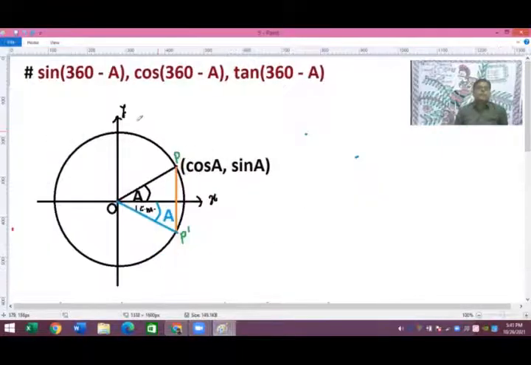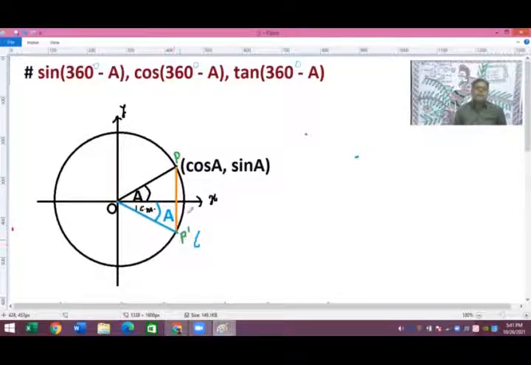And similarly let's now talk about sine 360 degrees minus a, cos 360 degrees minus a, and tan 360 degrees minus a. Here we'll do again the same work.